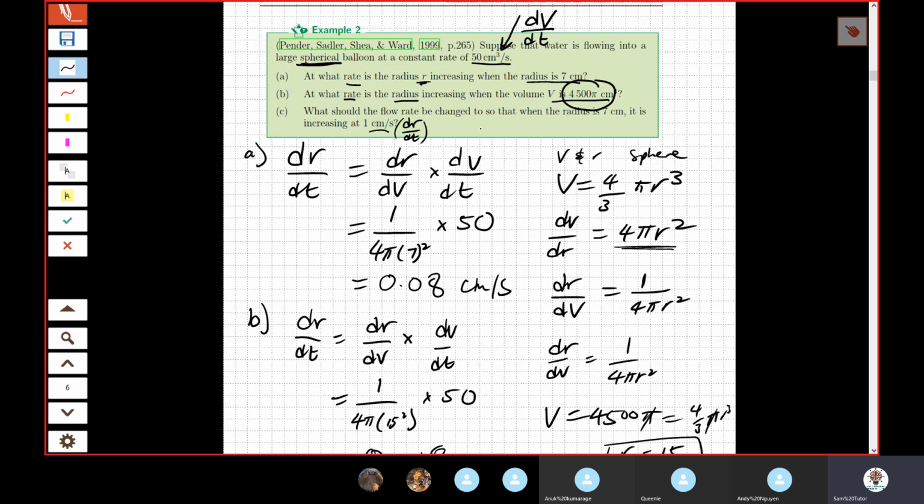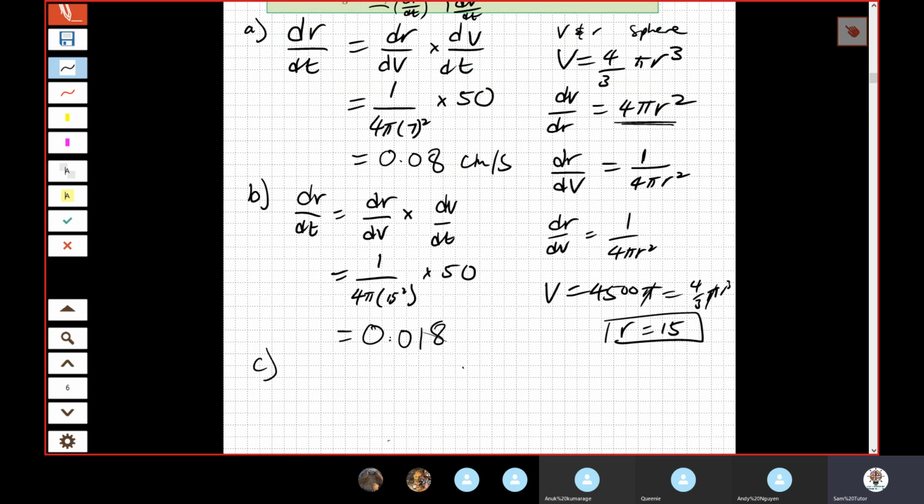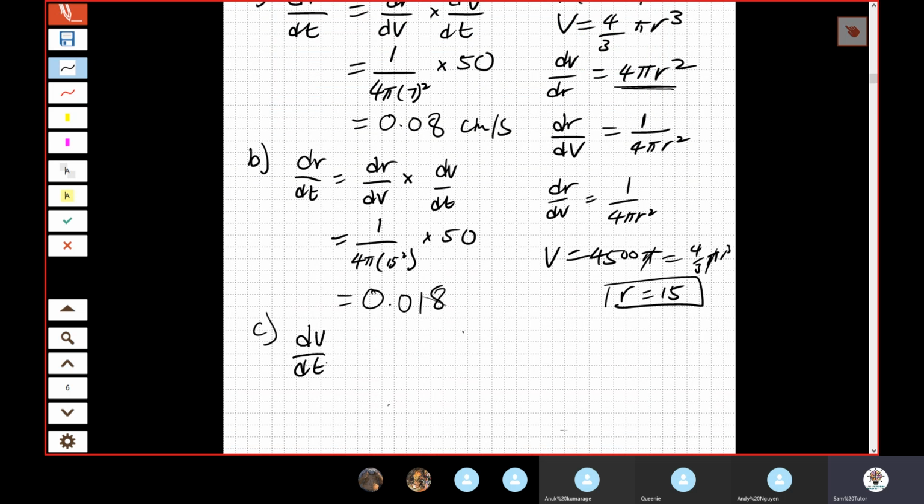What should the flow rate be changed to? What do you reckon? What are we trying to find? Flow rate. dV on dt. Oh, too good. dV, the volume, the flow rate is the water flowing in. So this time you're trying to find dV on dt, which equals dV on dr times dr on dt.